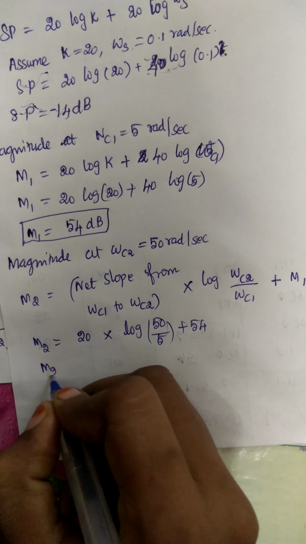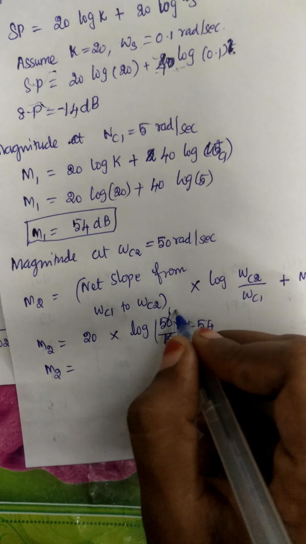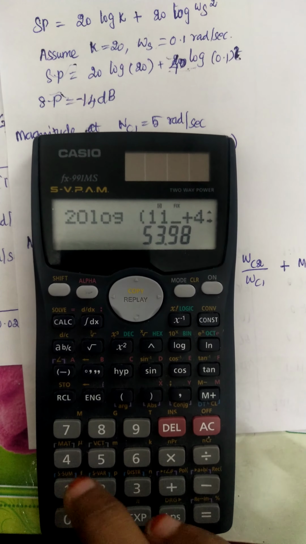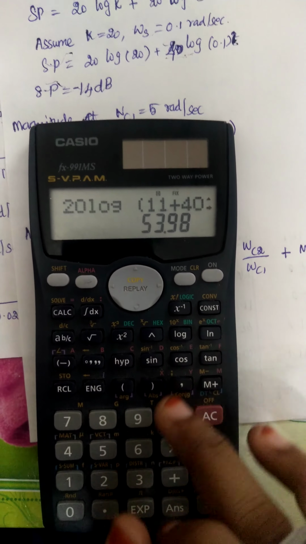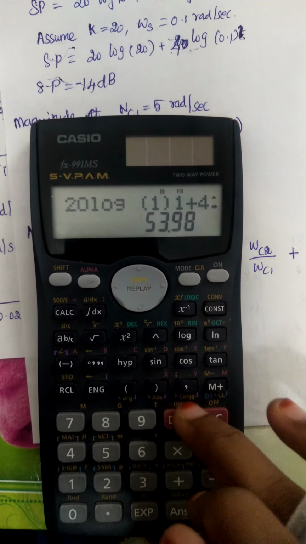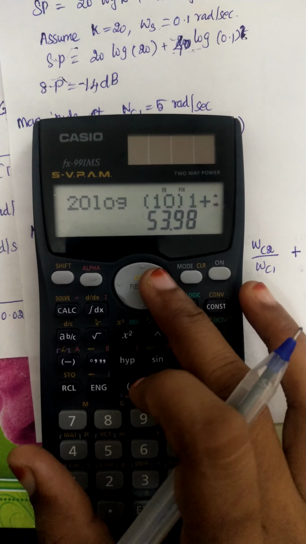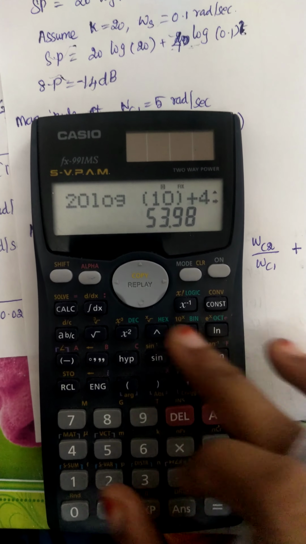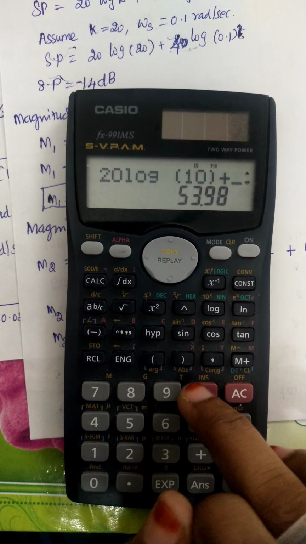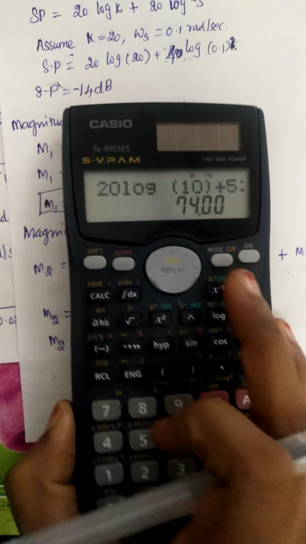So log of 10, 20 log of 10 plus 54. So your answer is 74 decibel.